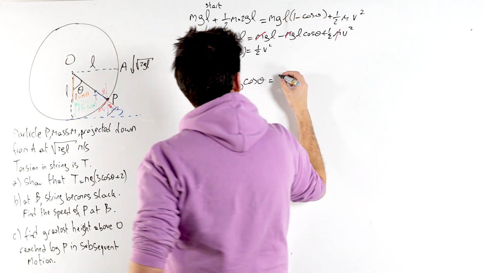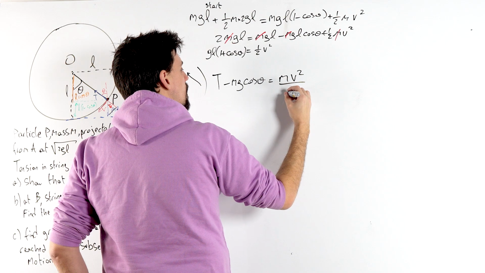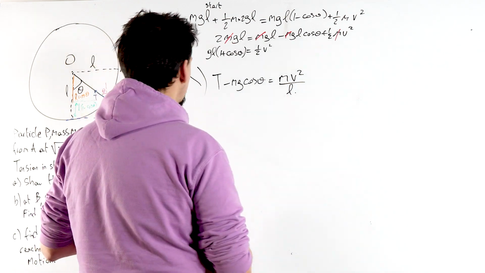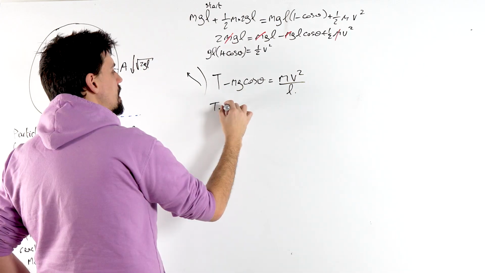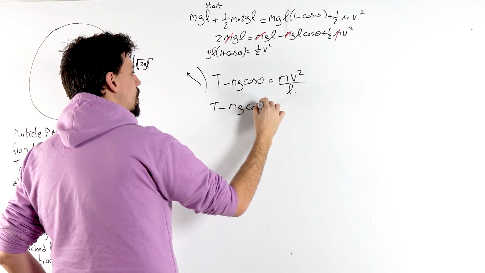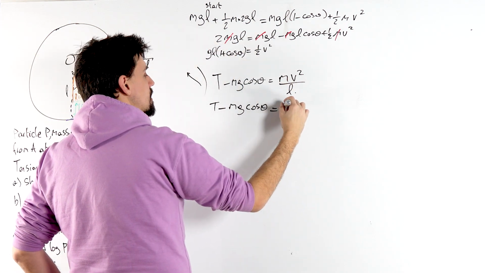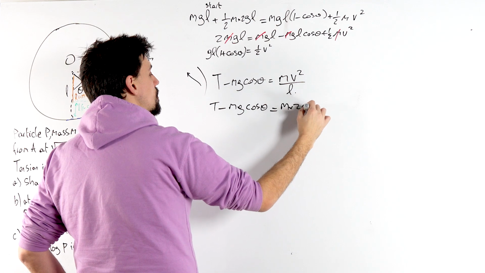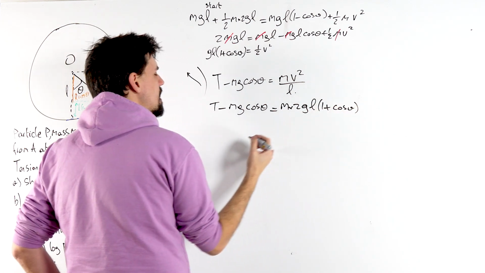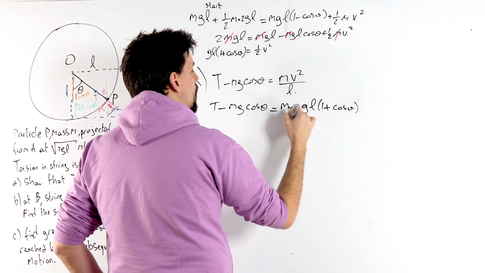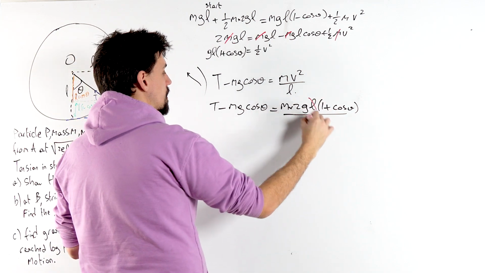And that is equal to mv squared over L. So T minus mg cos theta equals m times v squared, and v squared is twice that, 2gL(1 plus cos theta), over L. Those L's cancel out.